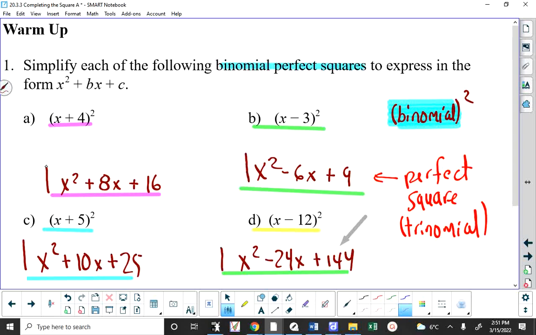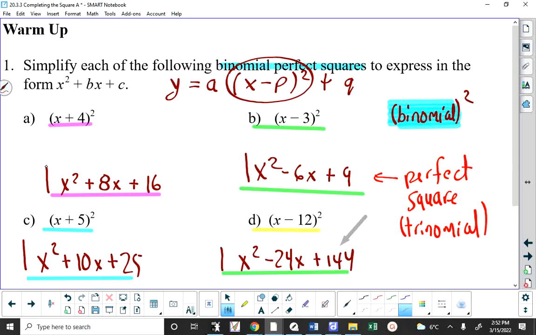And the reason they had 1x squared is because in the vertex form, we are squaring this, and this will give you 1x squared. That perfect square trinomial will never have a coefficient other than 1.